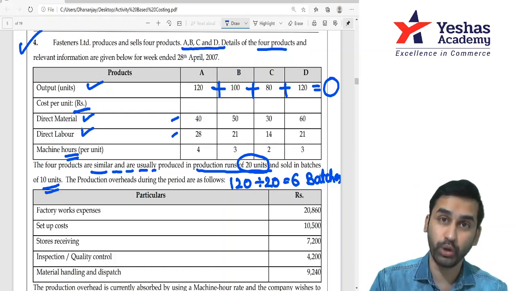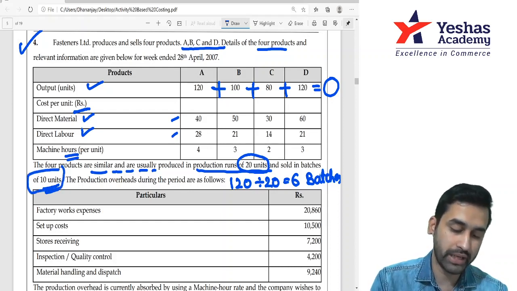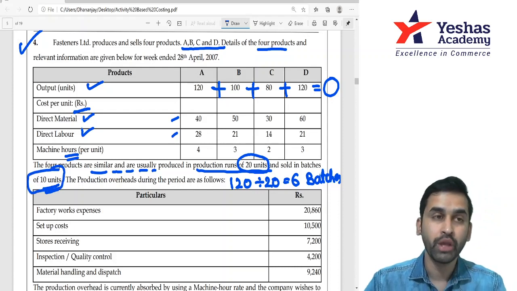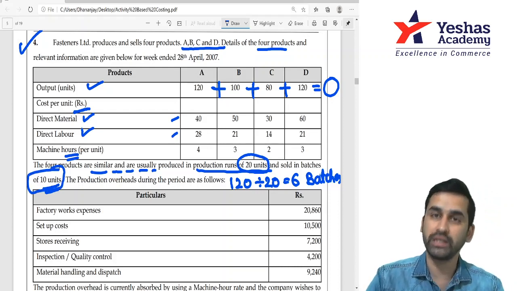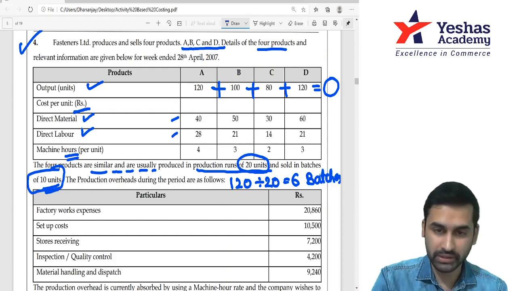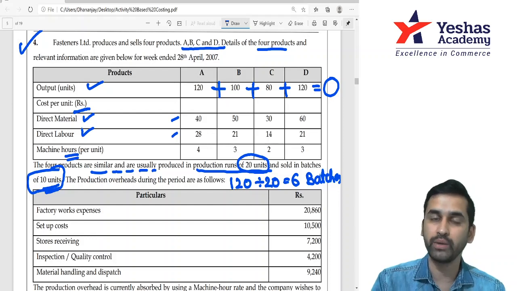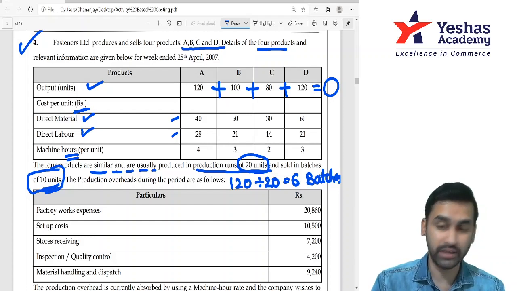This is how you produce. But see the next point. They are sold in a batch of 10 units. What does it mean? When you produce, every batch, every run, you produce 20 units. That means if I start a batch, it will be for 20 units. When you sell it to a customer, are you selling 20 at a time?